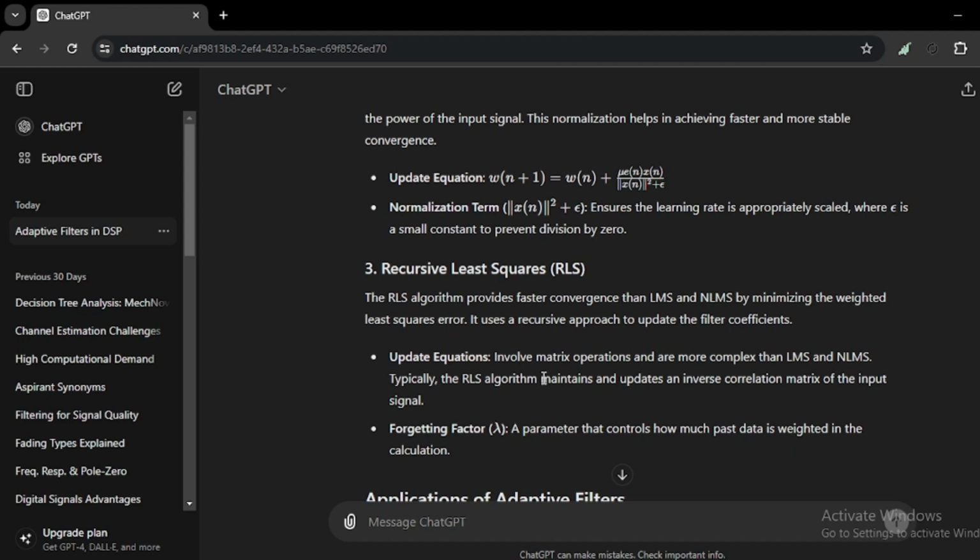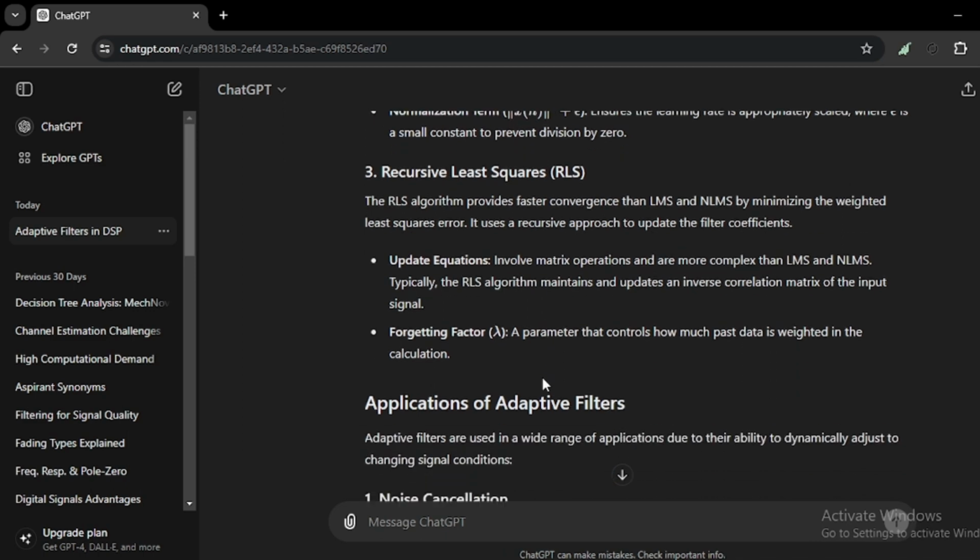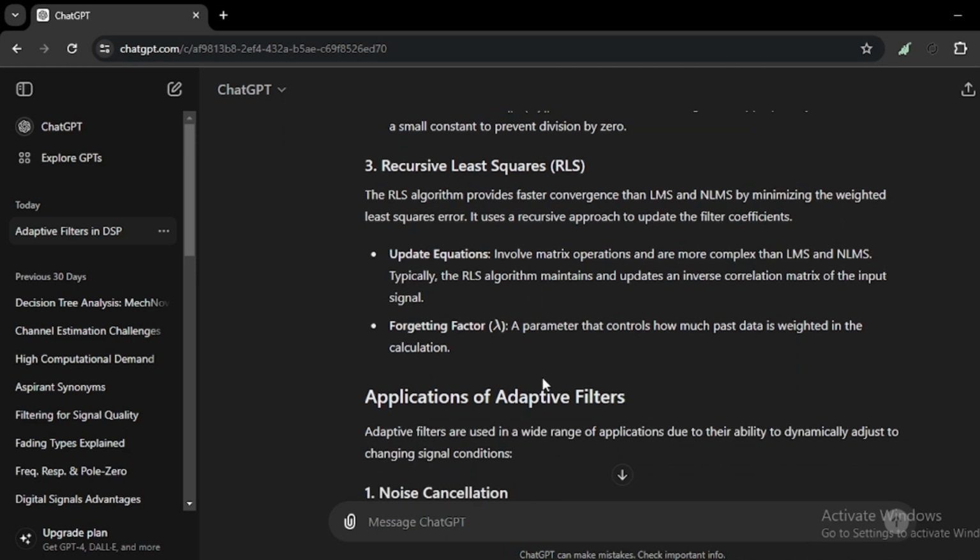It uses a recursive approach to update the filter coefficients. The update equation involves matrix operations and is more complex than LMS. Typically, the RLS algorithm maintains and updates an inverse correlation matrix of the input signal. Forgetting factor lambda is a parameter that controls how much past data is weighted in the equation.